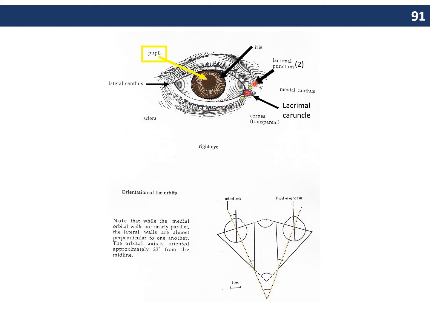The lacrimal puncta are shown here in yellow. Puncta is plural, and their function is to receive drainage of the lacrimal gland, that is tears, that are washed from lateral to medial over the anterior surface of the eye.